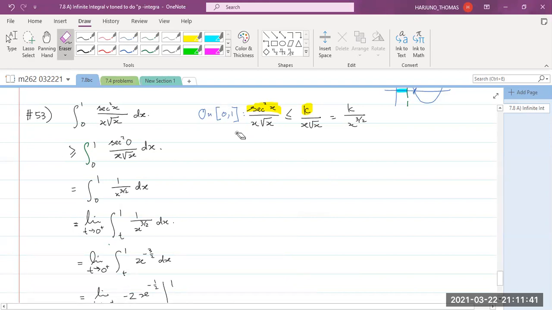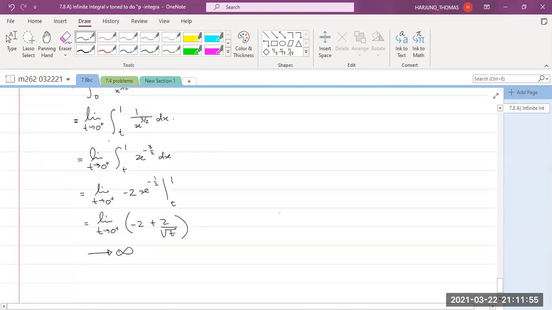The thing is, this is bounded below by secant squared 0 over x square root of x. So the integral from 0 to 1 of secant squared x over x square root of x dx is divergent.